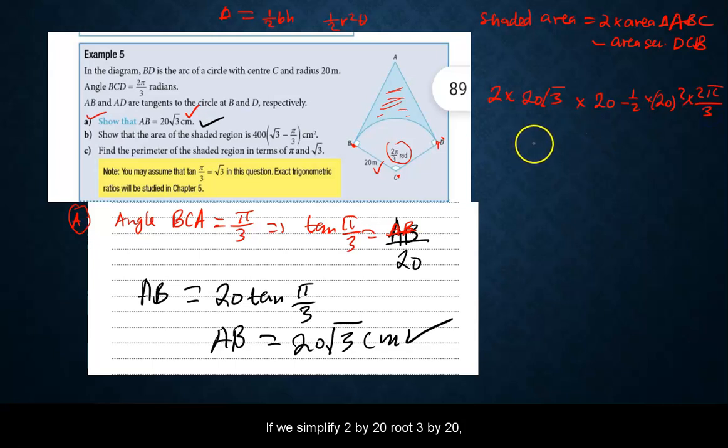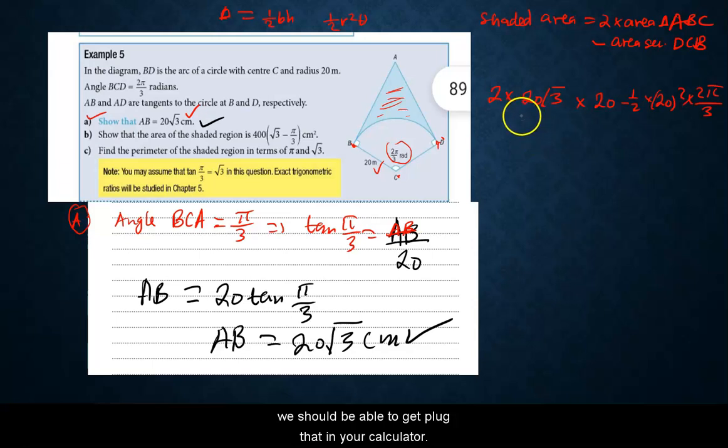If we simplify 2 by 20 root 3 by 20, we get 400 root 3, minus 400 pi over 3.